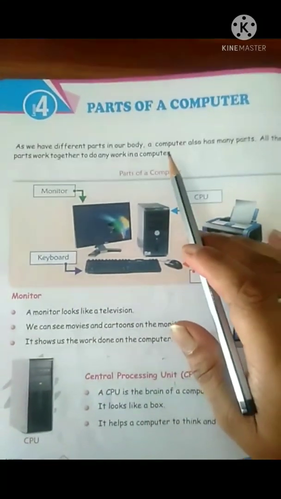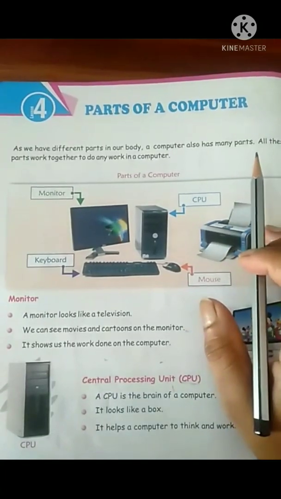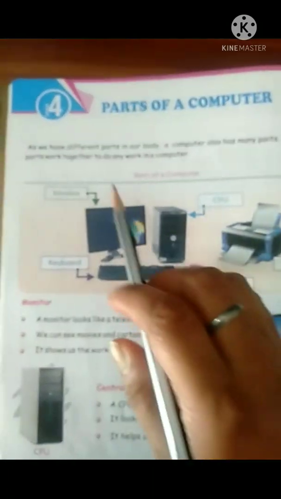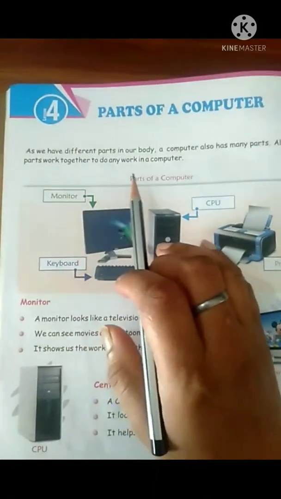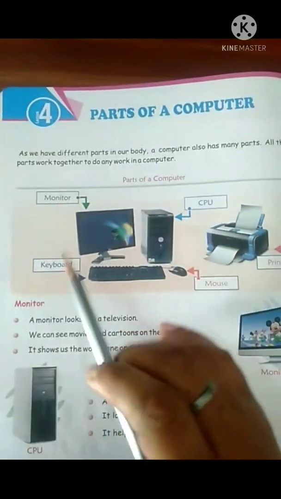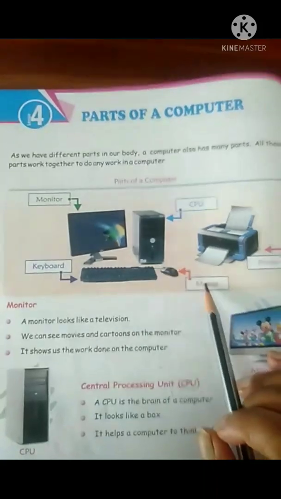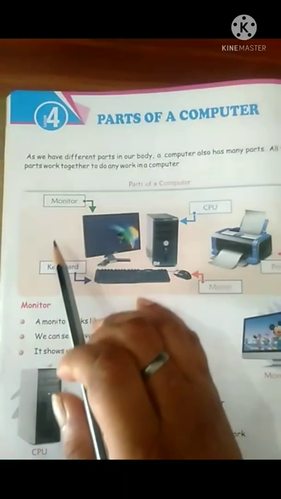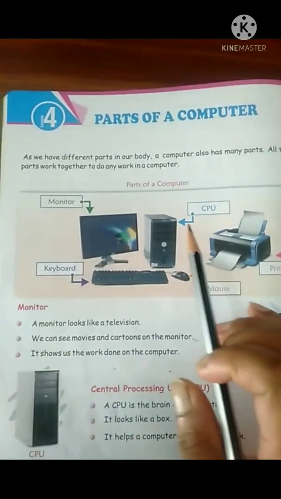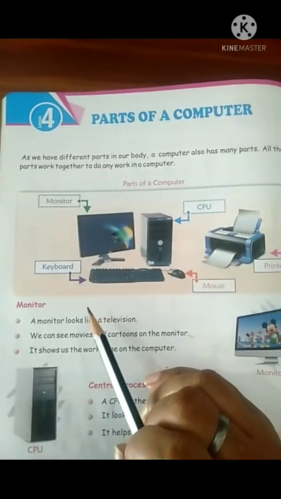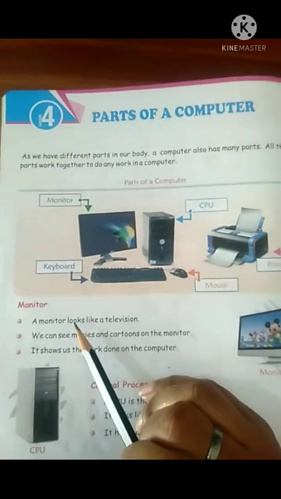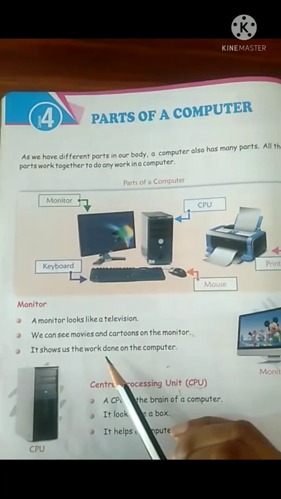In the same way, a computer also has many parts like monitor, keyboard, CPU, mouse. All these parts make together a computer. Now let's know one by one each part.